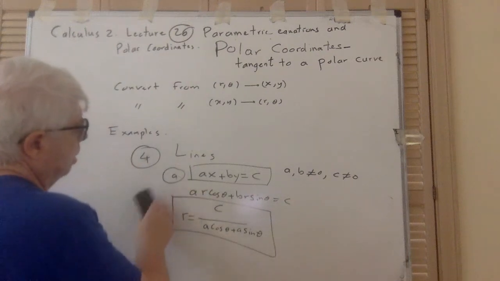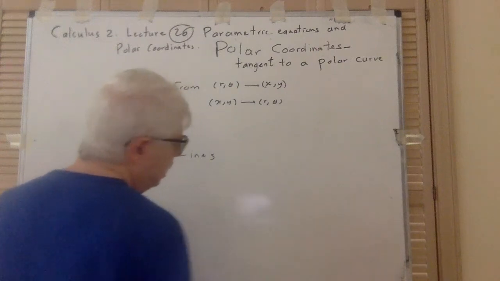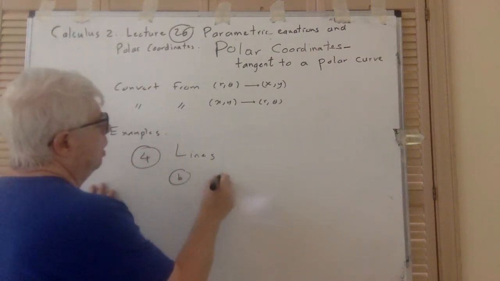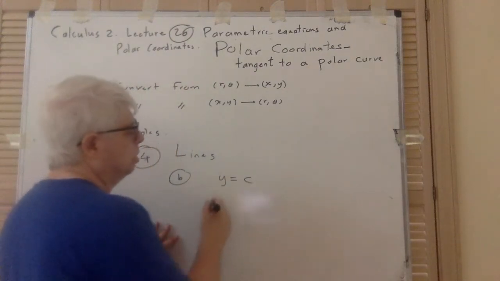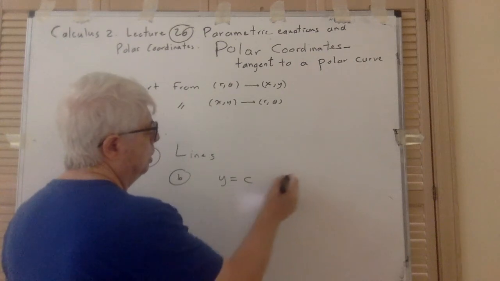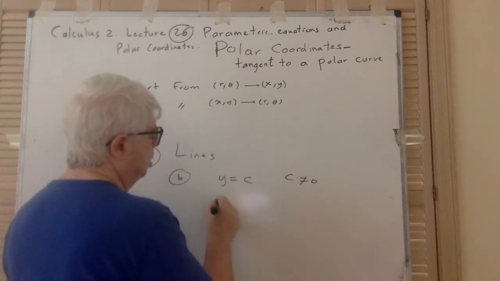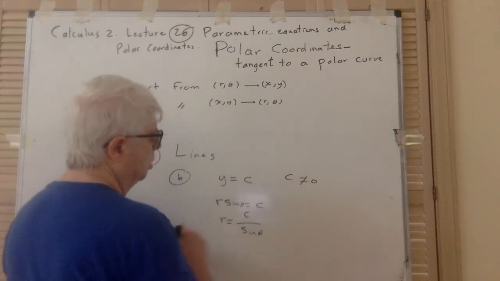So what are the other cases? This is the first case. Now what if I have a case like this? B is if I have y equals a constant. If I have y equals a constant, and this c is not 0, so let's assume c is not 0, then r sine theta is c, so r is c over sine theta, okay?